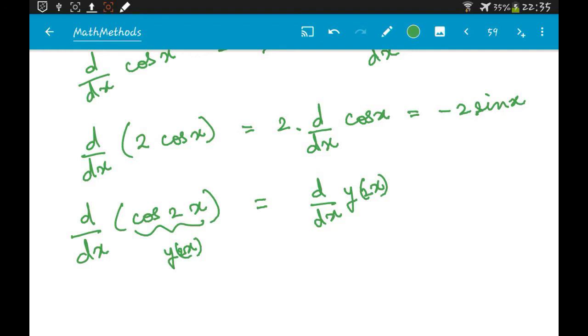So if this is your function d by dx of y of 2x, then first you have to differentiate y, and then you have to differentiate the function inside, which is d by dx of 2x. So if you assume that y is a cos function, then the differential of the cos function will be minus sine, so this will just give you minus sine 2x.